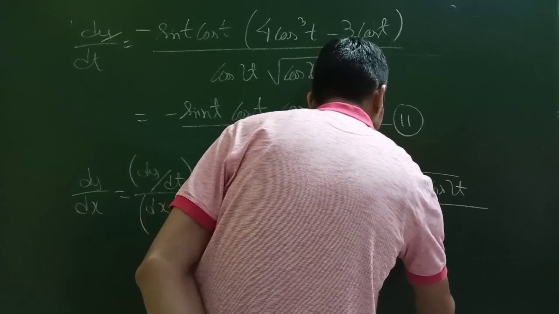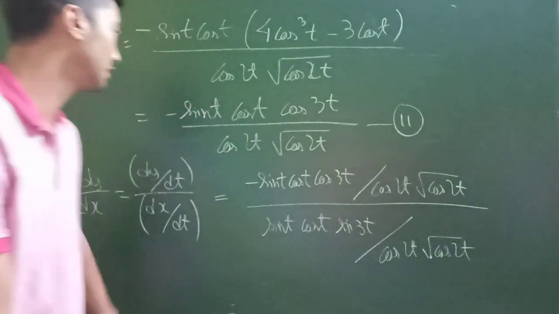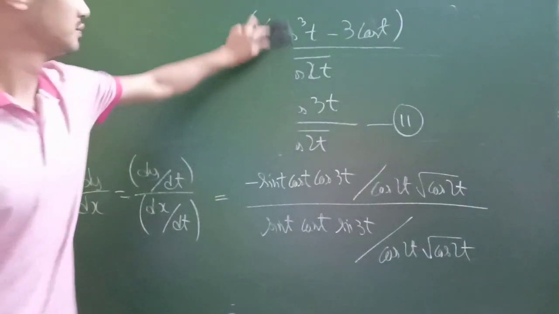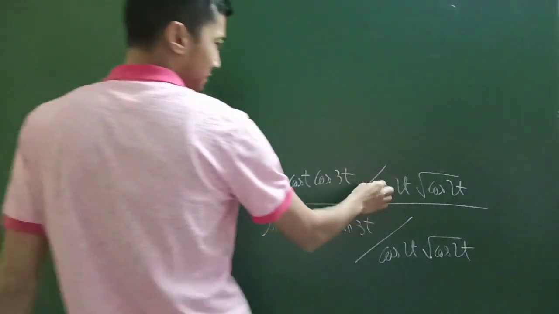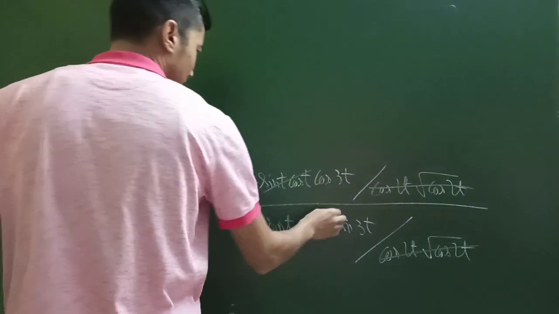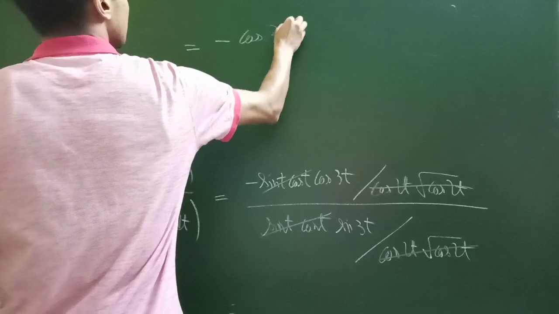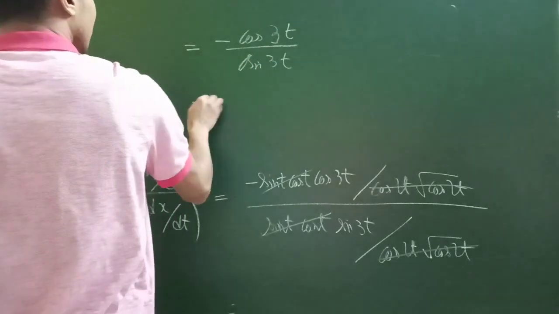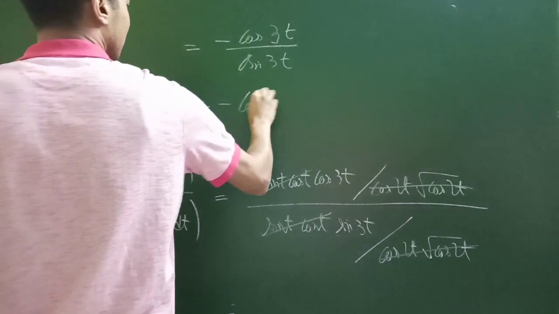Of course, once we get the answer, we will get to know whether we are doing it correctly or not. Now what happens is, the denominators, sin t cos t and sin t cos t, cancel, and I'm left with minus cos 3t by sin 3t, so that is dy by dx equals minus cot of 3t.